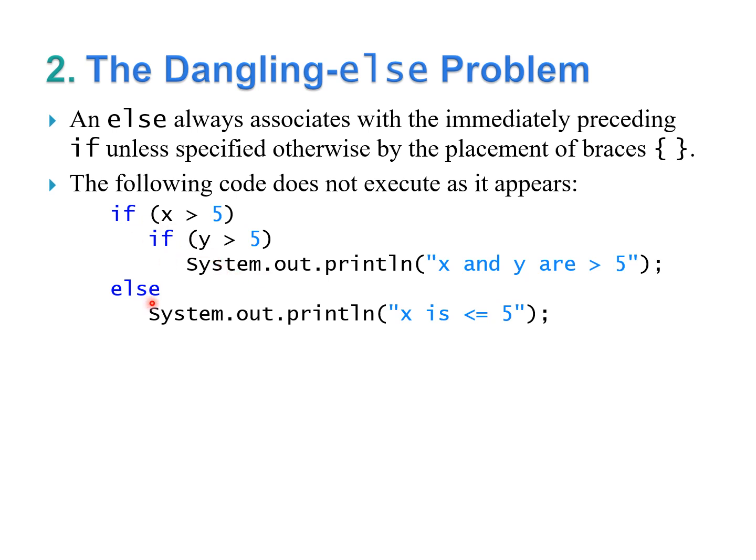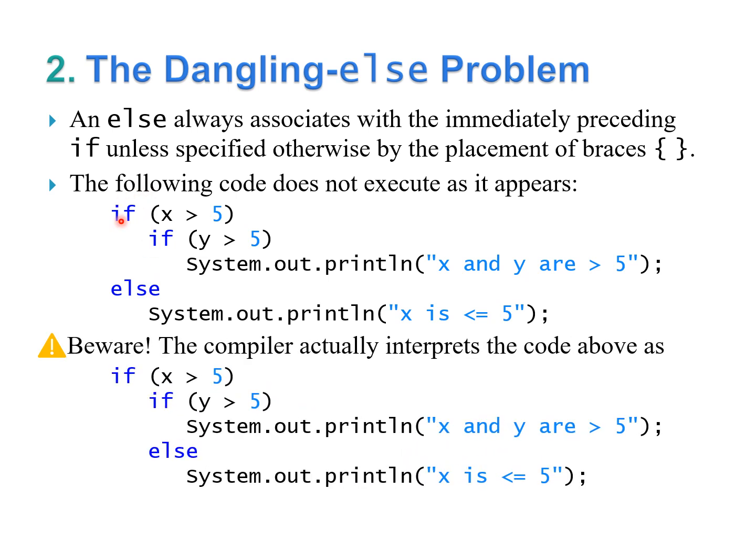The second if is nested inside the first if. The first if condition is x larger than 5, and the second if condition is y larger than 5. When we write the else lined up with the first if like this, we may think that this else associates with the first if, but that's not the case.